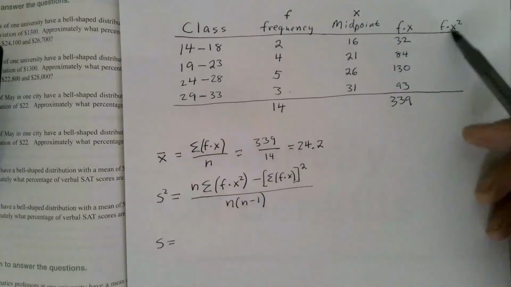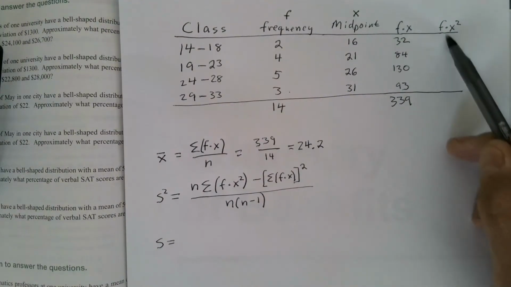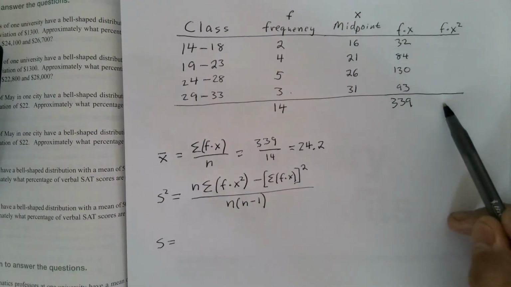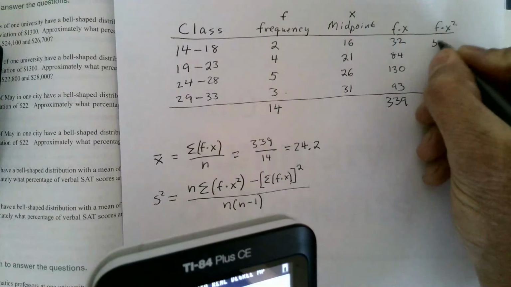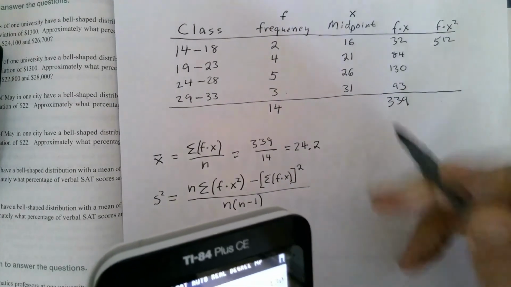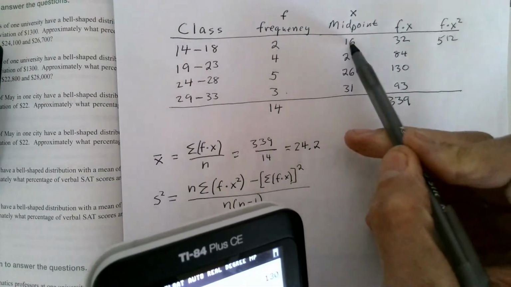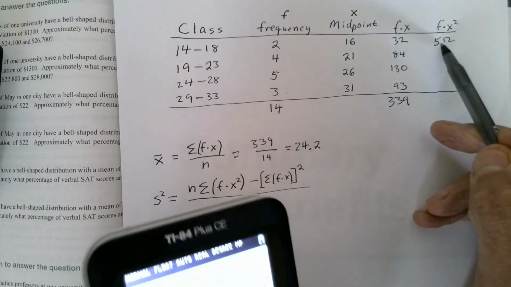And then we'll put the results in column 5 and then we'll sum this new column. So the first value is 2 times 16 squared, resulting in 512.